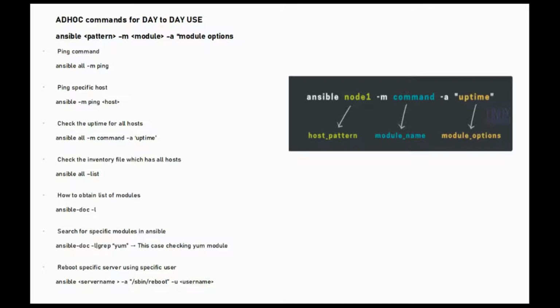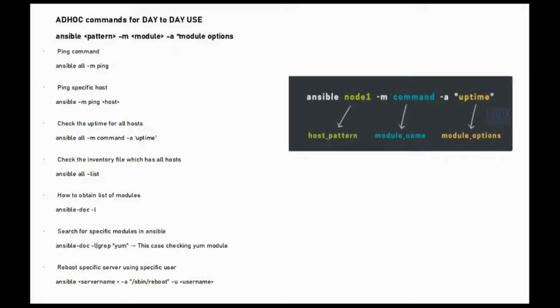You can see on the right side the picture of that command and what each part of the syntax means. Moving to the next, if I want to check the inventory list, which we specified in earlier slides, ansible all --list will give you the list of all your hosts' IP addresses or host names. Moving to the next, if I want to check what modules are present in Ansible, there is a simple call, ansible-doc -l.